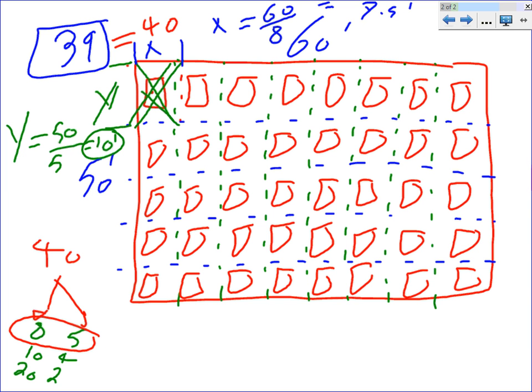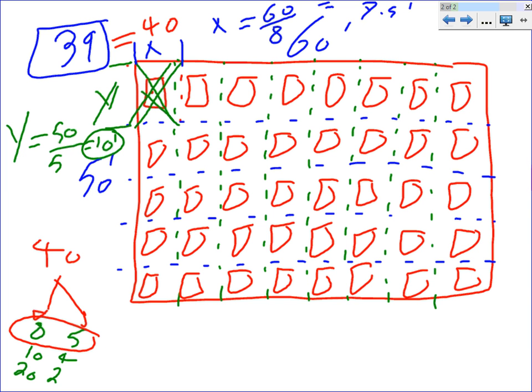Here's my y, here's my x, and right in the center of the y and the x, I need to get my fixture. So my area is going to be 7.5 by 10, and right in the center of that rectangle, I'm going to put my fixture. I'm going to do the calculation for the first fixture, and then you calculate the rest.